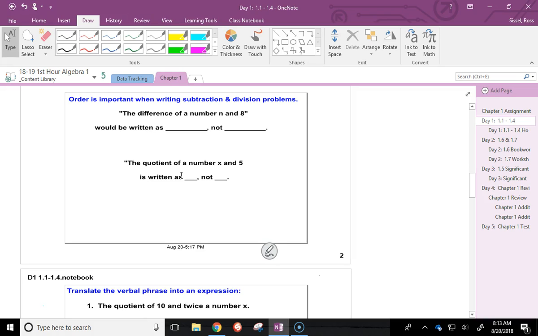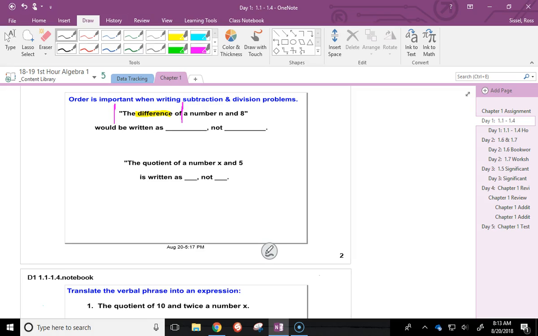Order is important when writing subtraction and division problems. I already talked about that. So this, we're going to go right through. It says, the difference of a number n and 8. When you read these and you're trying to write them, difference means to subtract, and then I see that phrase again. So I think, okay, I'm doing subtraction.